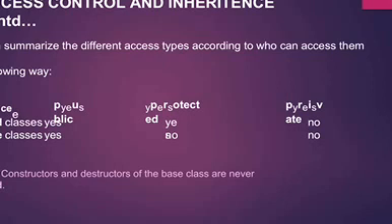Usually we can write the syntax like this, a small example: class D, visibility B1 and visibility B2. So you can use commas, we can write more than one base class, and then here we can write the body of the class.